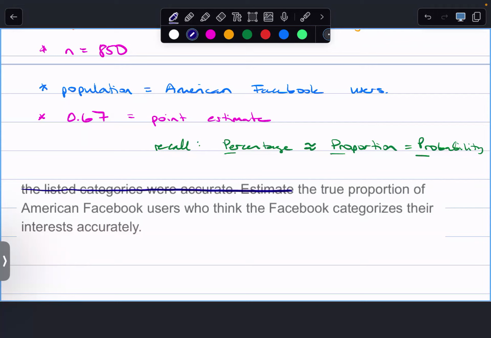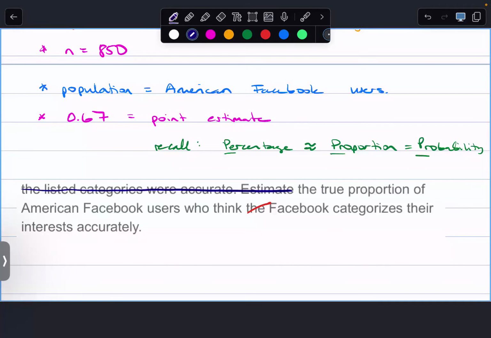So I explicitly ask you to make a confidence interval. What we are doing is we're estimating the true proportion of American Facebook users who think Facebook categorizes their interests accurately. Does that make sense?